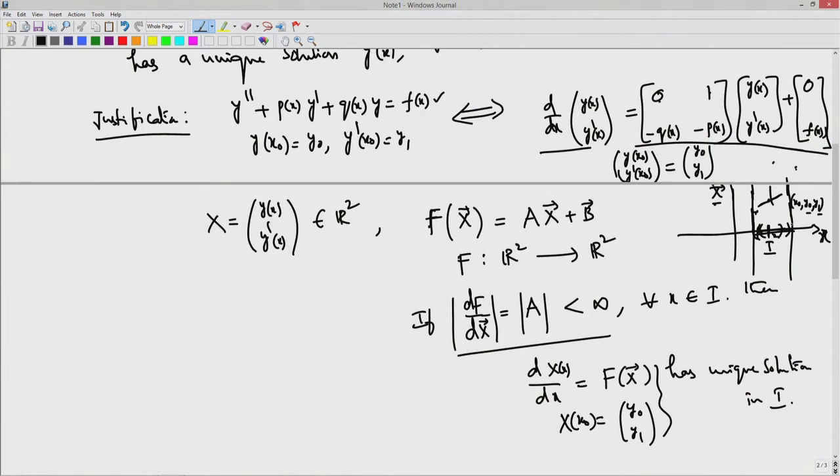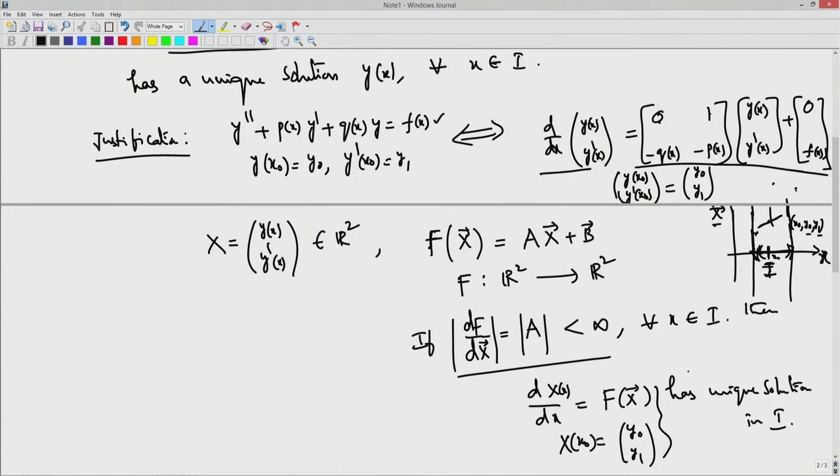So in that case you will have a global solution, not only in the neighborhood, but in the full I, wherever it is defined. That is the existence and uniqueness theorem. You have a solution, and it is actually unique.